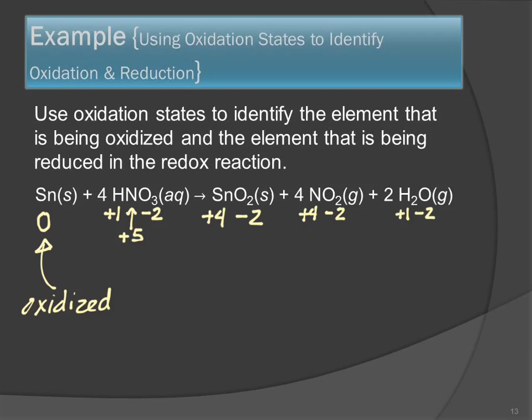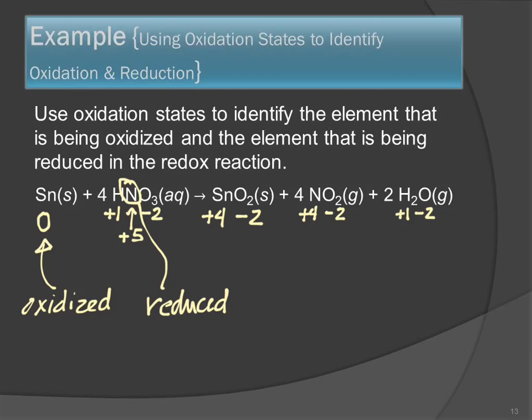So the nitrogen was reduced. And the oxygen was minus 2, and it stayed minus 2, so nothing happened to that. You have to have one being oxidized and one being reduced.